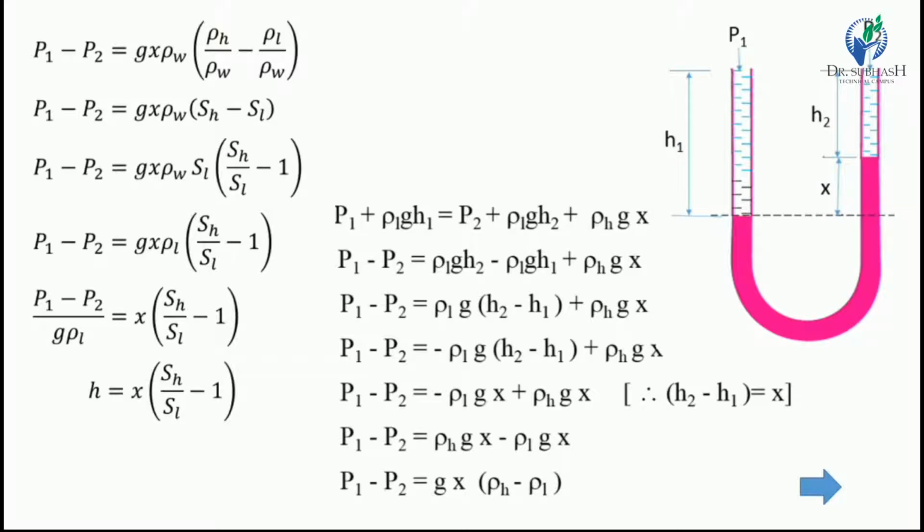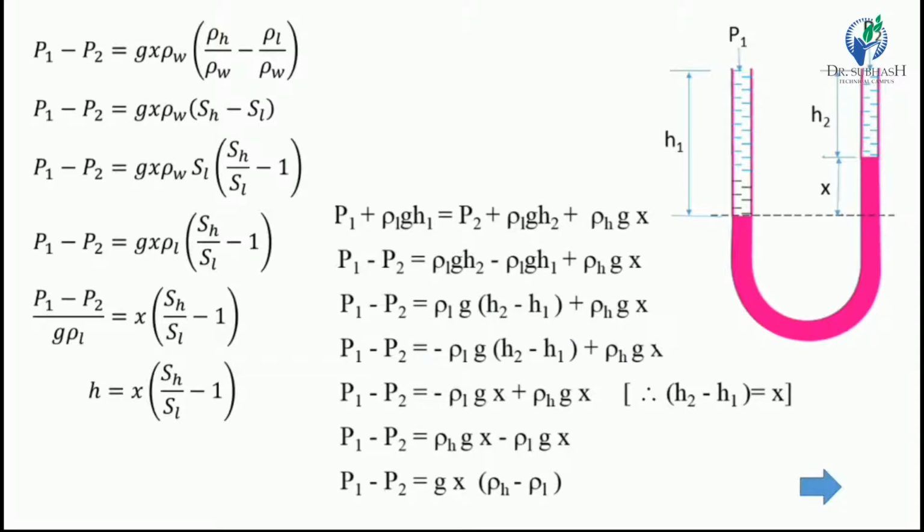Now we have to find the pressure head difference, so we convert the equation into P1 minus P2 with the remaining terms on the right side. Now rho 1 g is taken common, so in the bracket only H2 minus H1 remains.